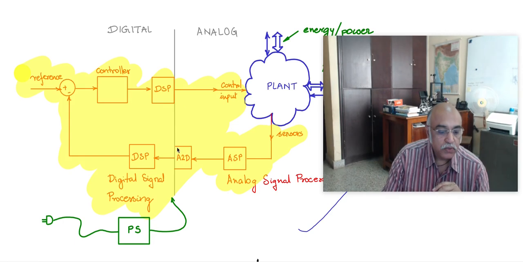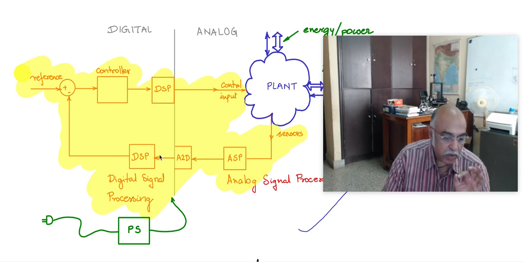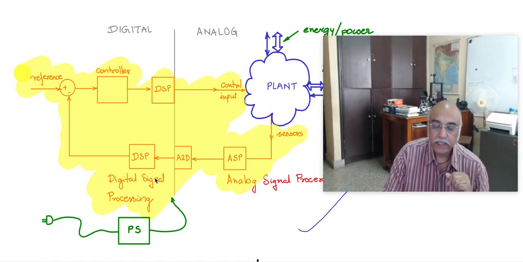So what does it mean? Once the signal from the analog domain passes through the A to D and is brought into the digital domain, you need to filter them in the discrete domain. So you may have to use a moving average filter, you may have to use a glitch filter.